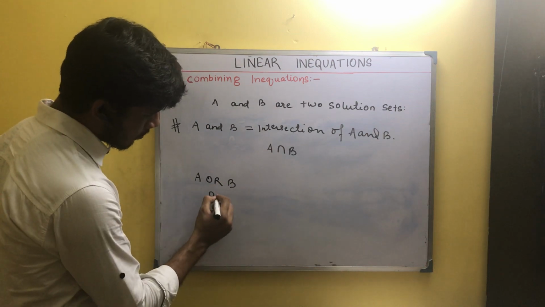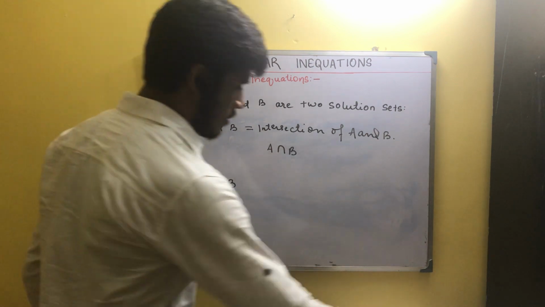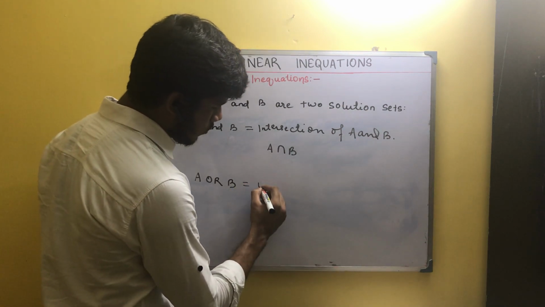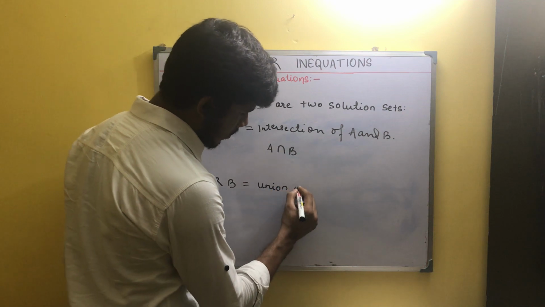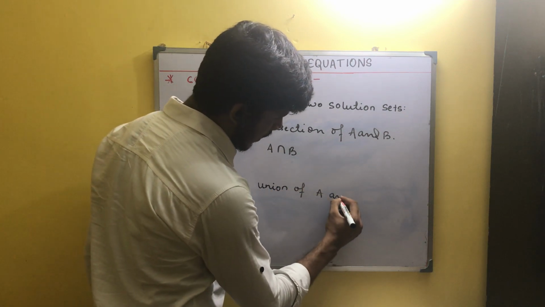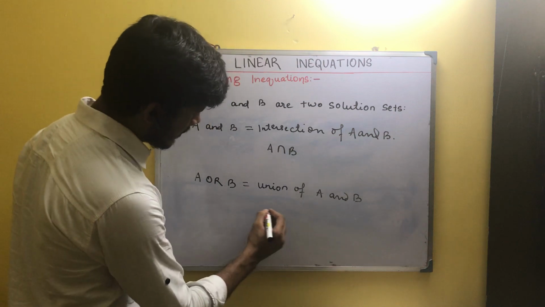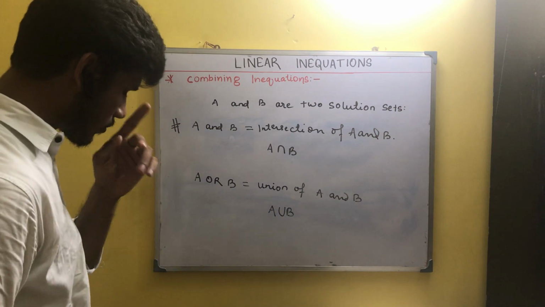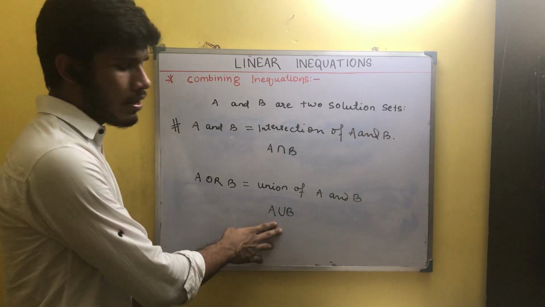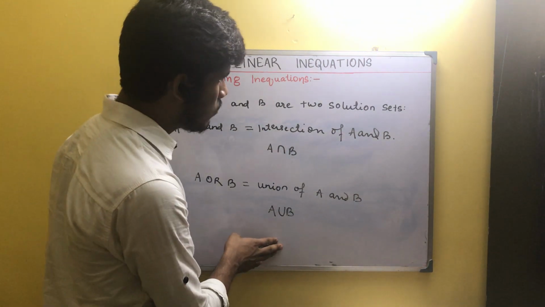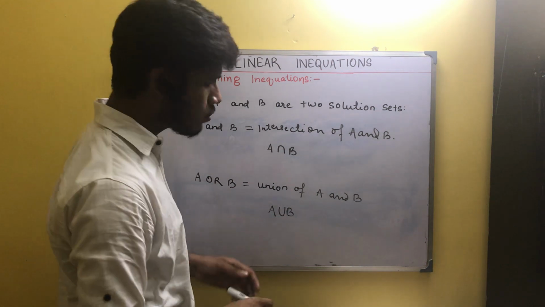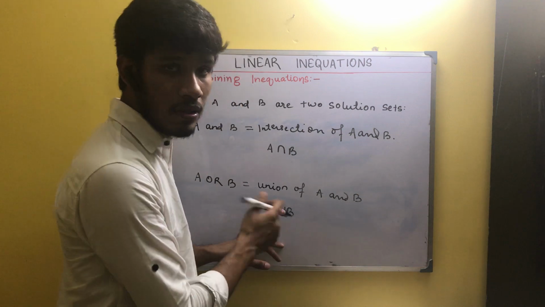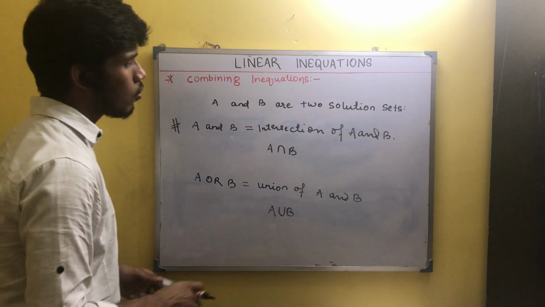or it may be written in this way also, the same thing. Now A or B means union of A and B sets, and it is represented as A union B. Now this means you need to include all those elements or values from the solution set that belong to either set A or set B. Means not the common part.